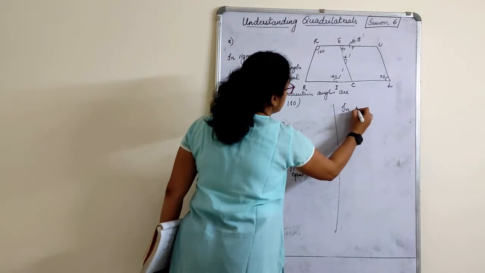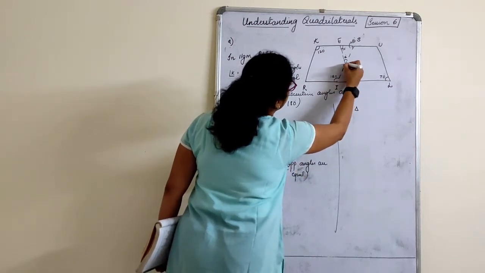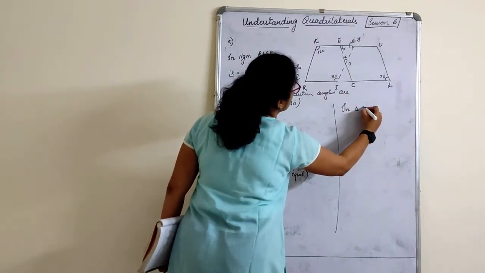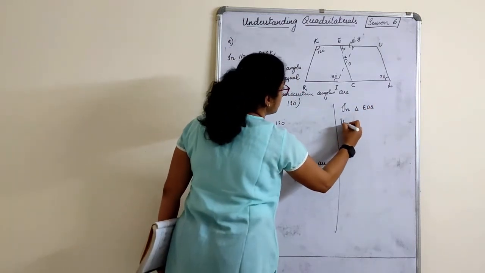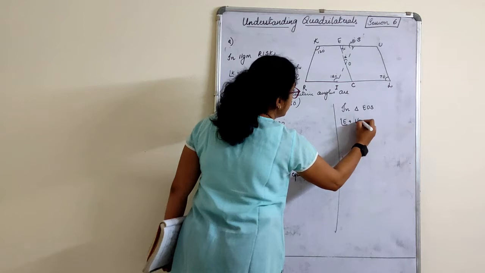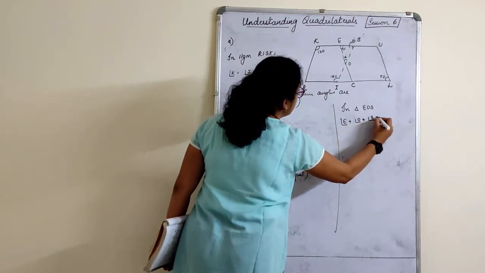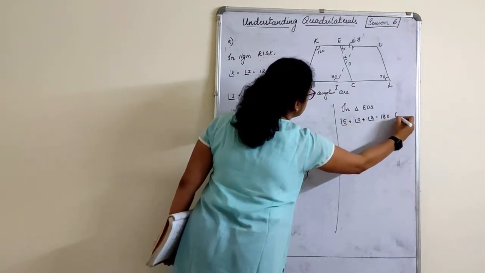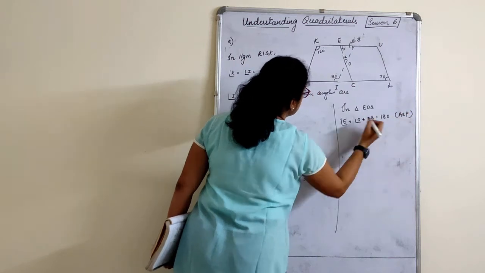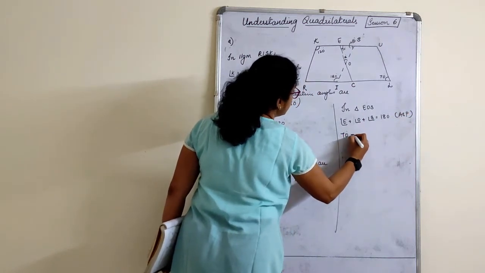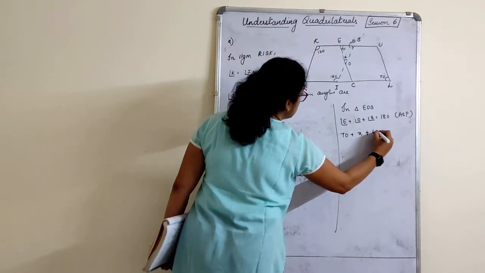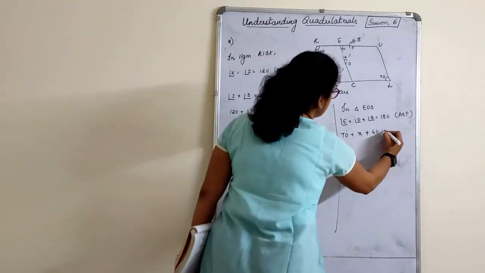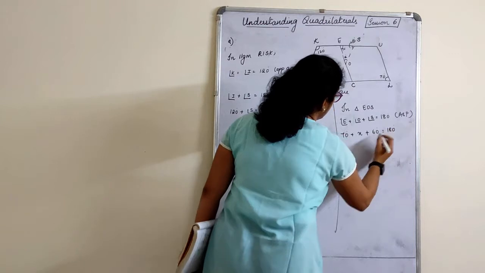Now in triangle, I will choose this point as O. EOS. Angle E plus angle O plus angle S is equal to 180. Angle sum property. What is angle E? 70. What is angle O? x. What is angle S? 60.